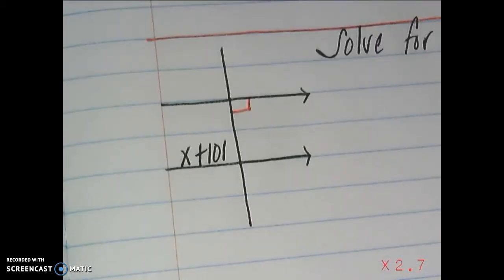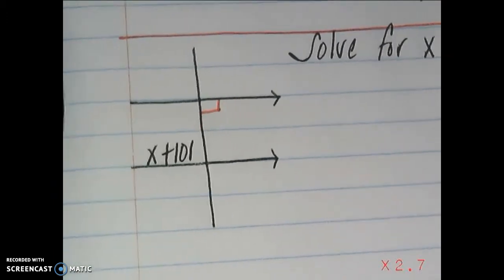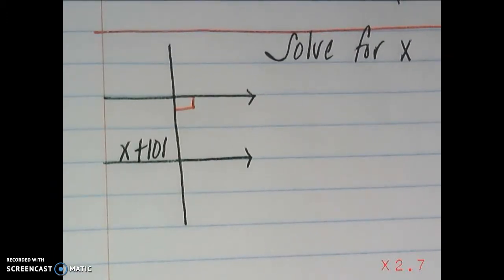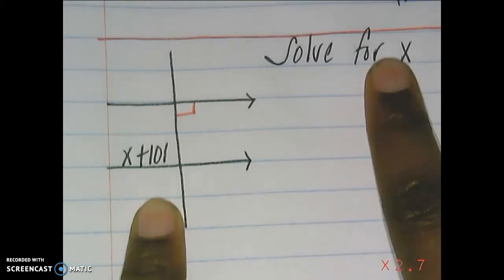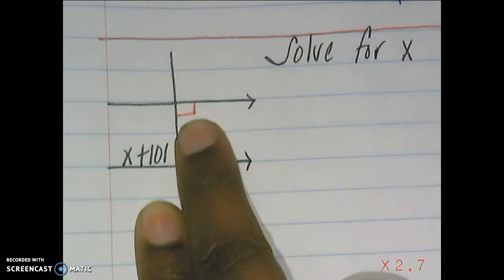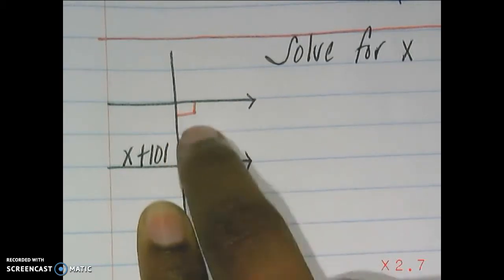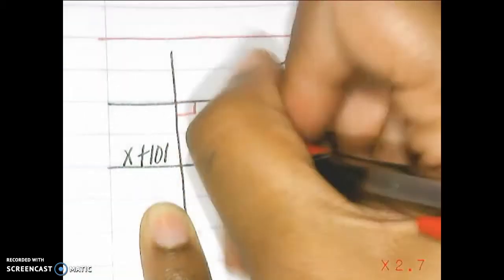Okay, the one that I picked just now is for, well, not obvious reasons necessarily, but because I like these kind. Okay, so it says solve for X, and what you see right here in the corner, that is not a mistake. That's a box, meaning that we have 90 degrees.